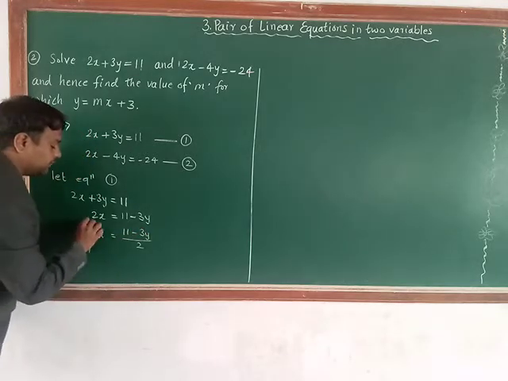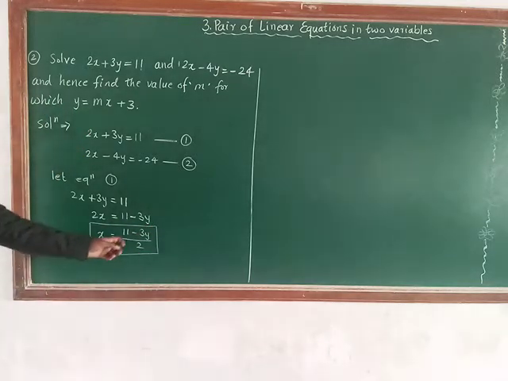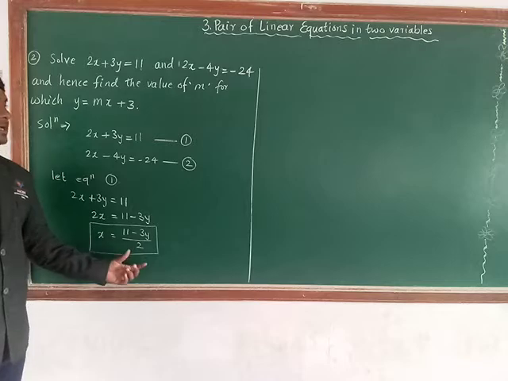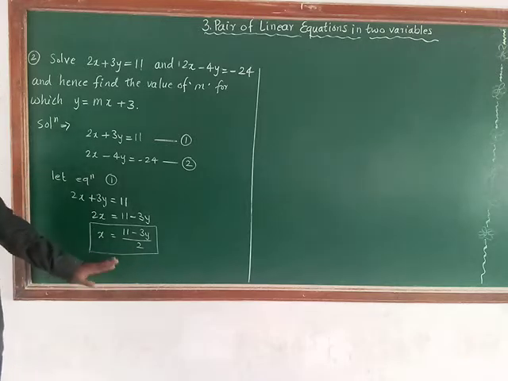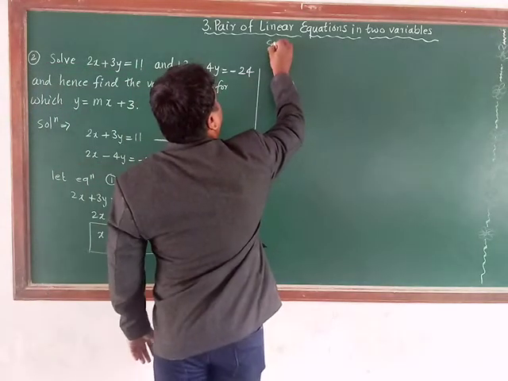So I got a value for x: x is equal to (11 minus 3y) divided by 2. Now I have to substitute that value in equation 2.